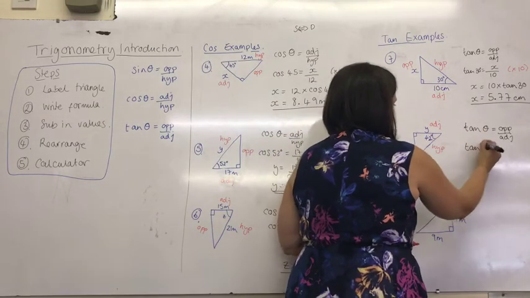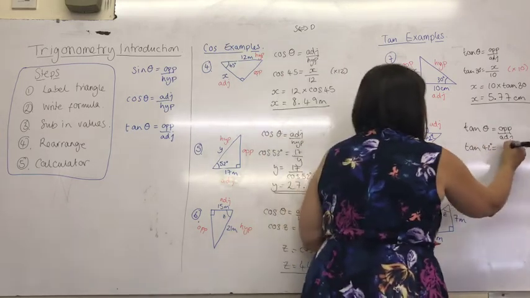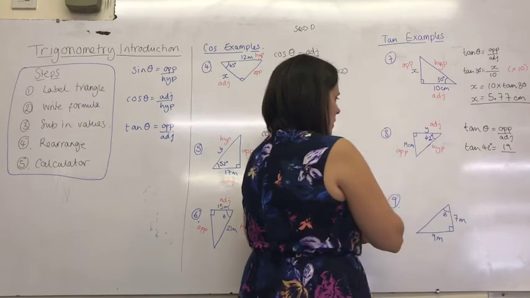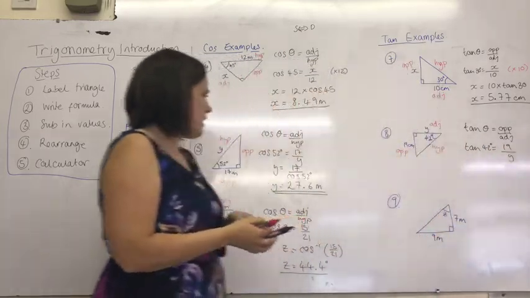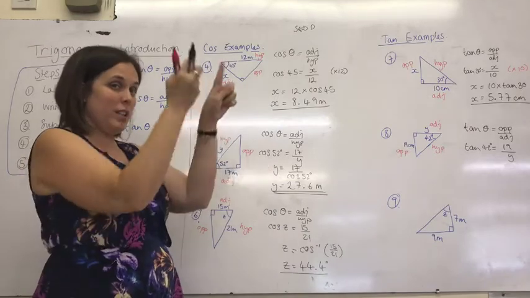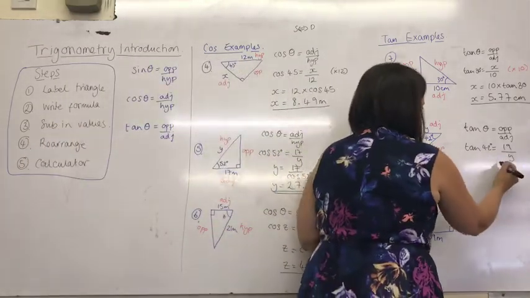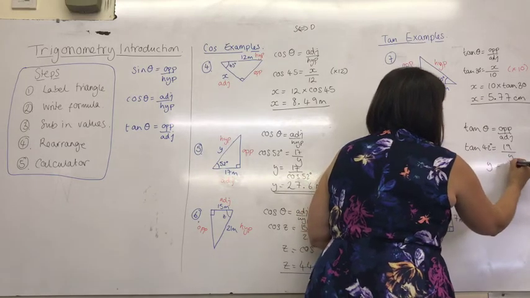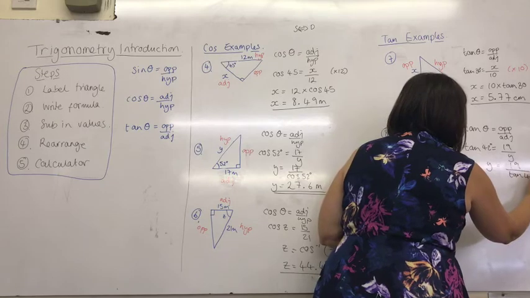So theta is your angle, so that's 42 degrees. Opposite is 19. And the adjacent is y. So again, this is the same as this example, so remember we can do that little switcheroo. So basically the y goes up there, the tan 42 goes underneath. So y is equal to 19 over tan 42.